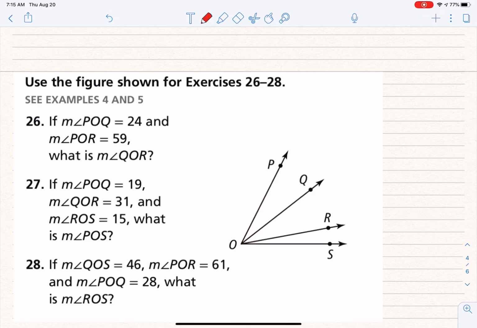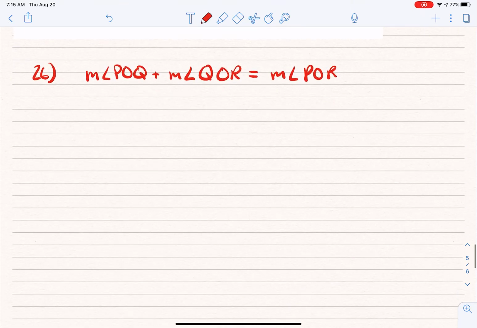That's all I'm saying. All right, so we'll get rid of all that extra. So now I substitute in the things I know. I've got these values given to me right here. It says the measure of angle POQ is 24, measure of angle POR is 59. So I go down here, measure of angle POQ is 24. So I just say 24 plus the measure of angle QOR, which I don't know, is equal to the measure of angle POR.